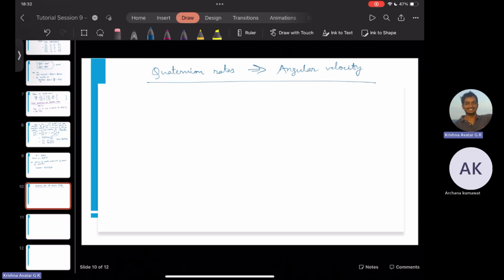Now here what happens is that the time derivative of the unit quaternion is the vector of quaternion rates.